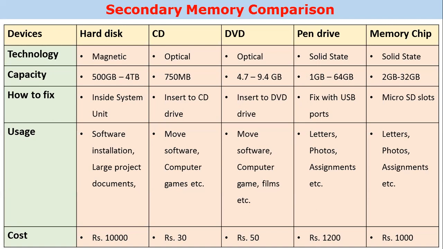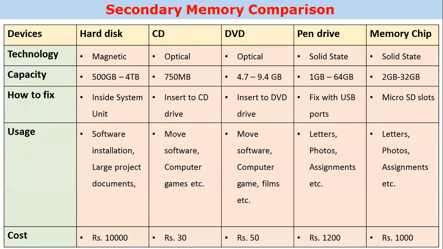Using Word, we create documents. Then in PowerPoint, we create presentations. Like that, there are many types of documents we create through different types of software. All of these things, that user-created data, we are going to store in secondary memory.